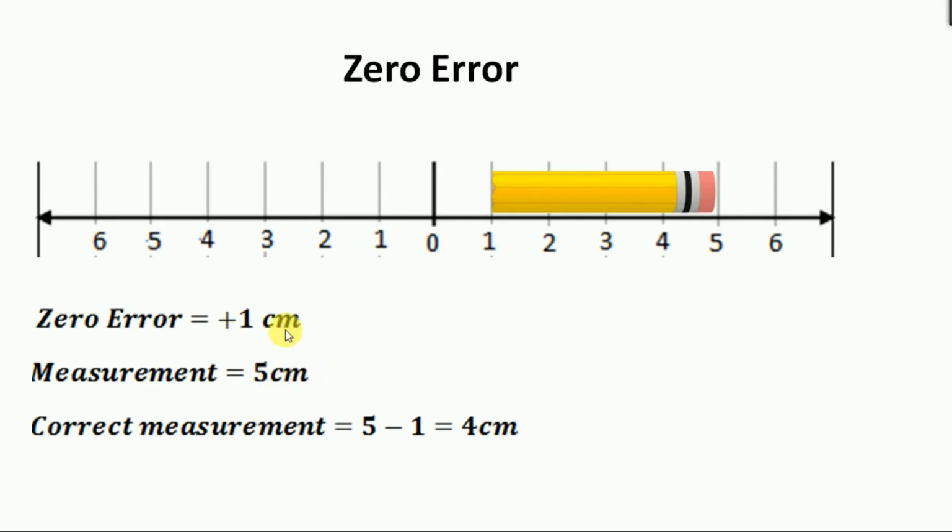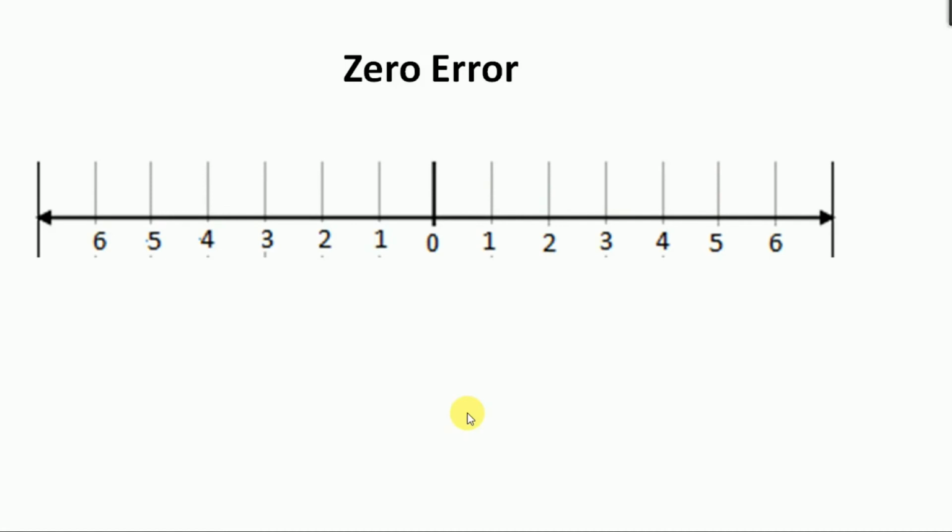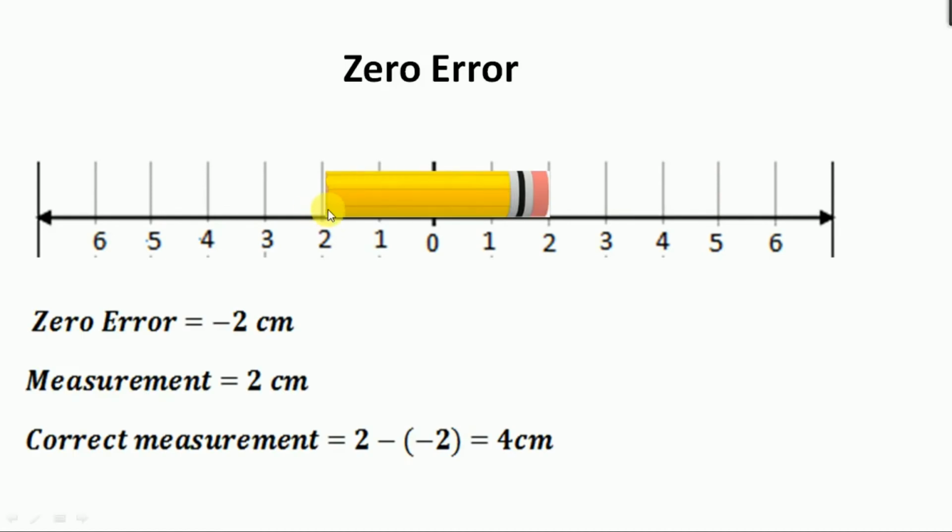Now you have to reduce this error. Because I have started from 1, I can subtract 1 to get the original length of the pencil, that is 4 centimeter. In the third case, suppose I start with 2 on this side, then the length of the pencil I'll get is 2 centimeter, and the error was -2.